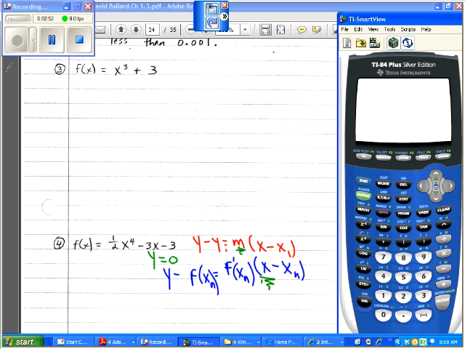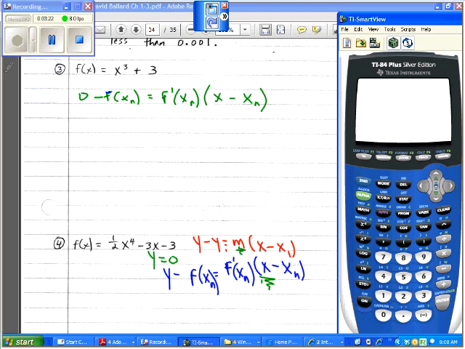Now, if we manipulate this formula, then I'm going to bring it up here. We would have 0 minus f of x sub n is equal to f prime of x sub n times x minus x sub n. We want to solve that for x.